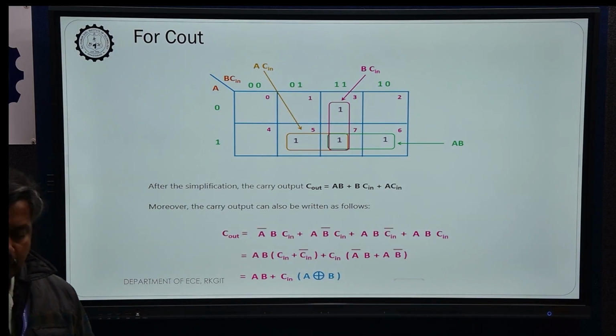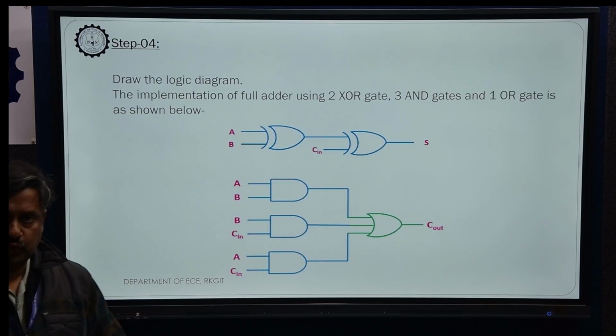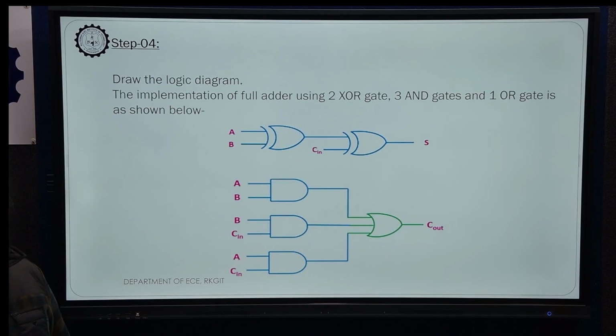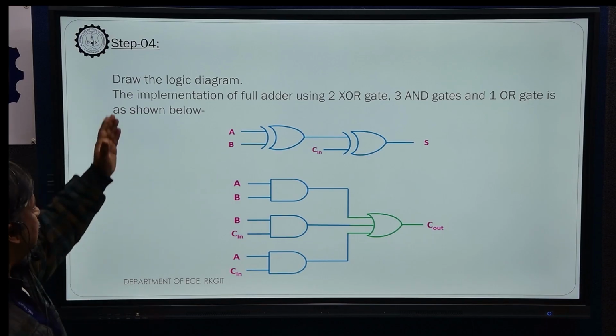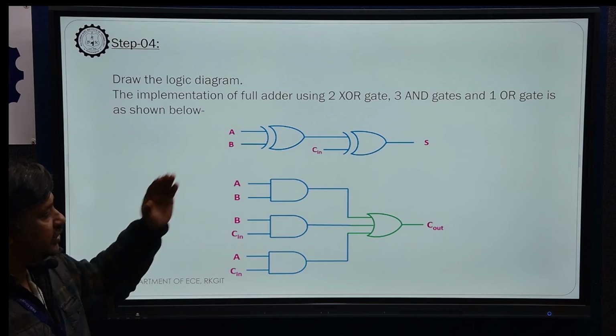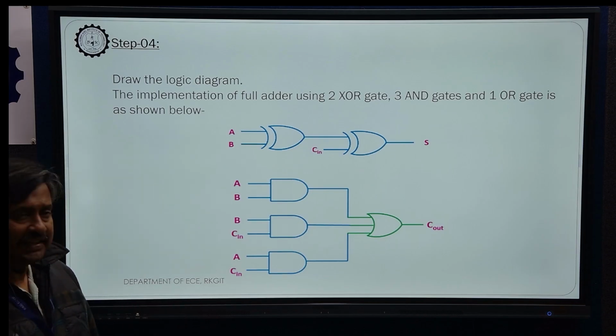Okay. Now going to the implementation of the circuit. Already we got the equations for sum as well as carry, so we are going to implement them. The sum equation is A XOR B XOR C in.